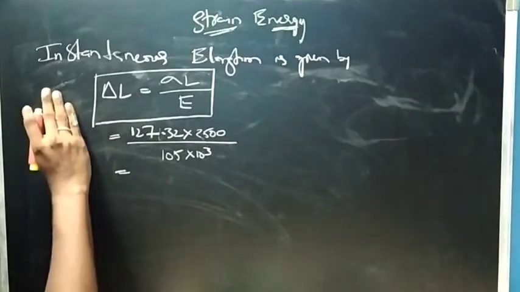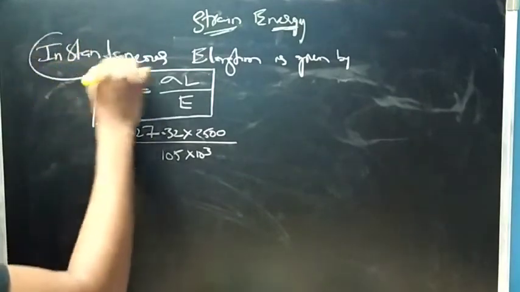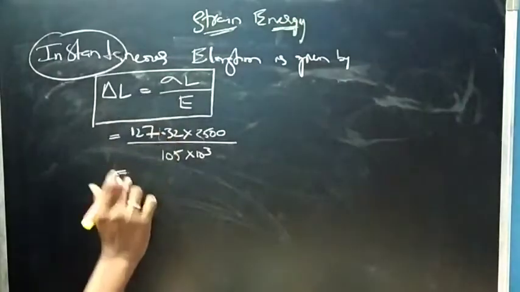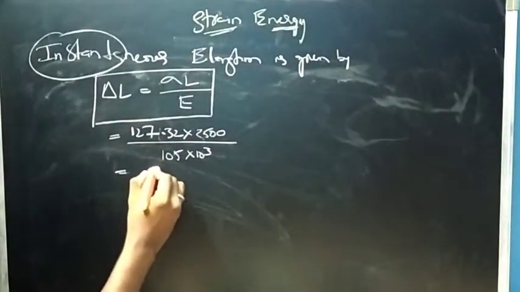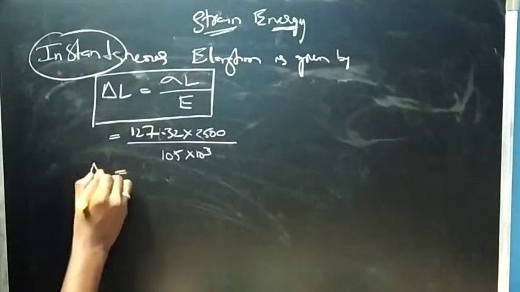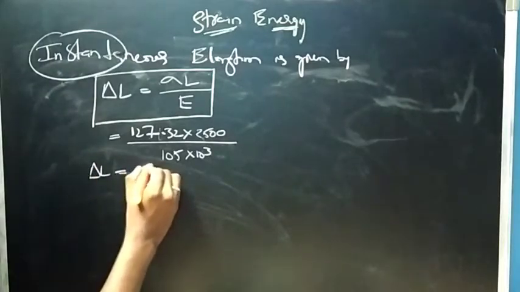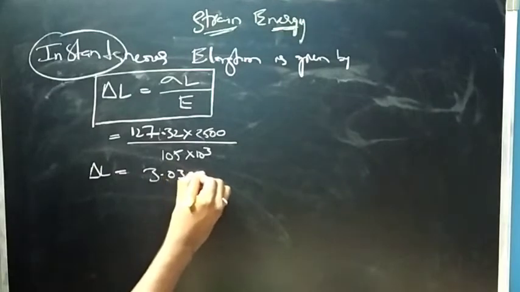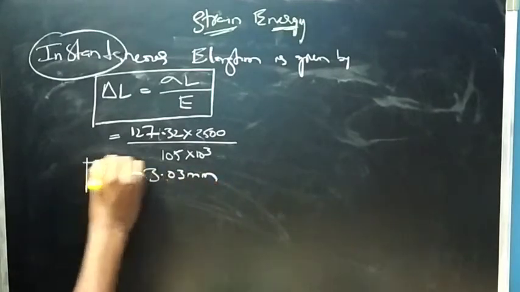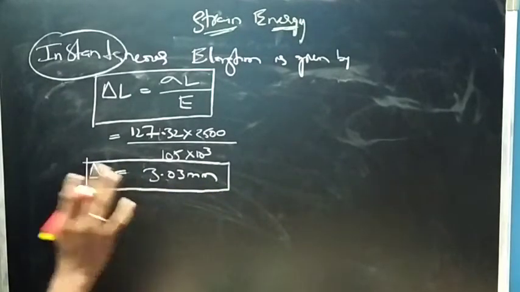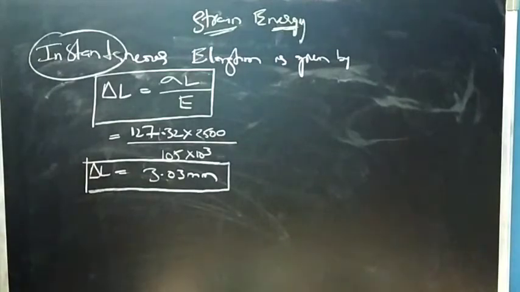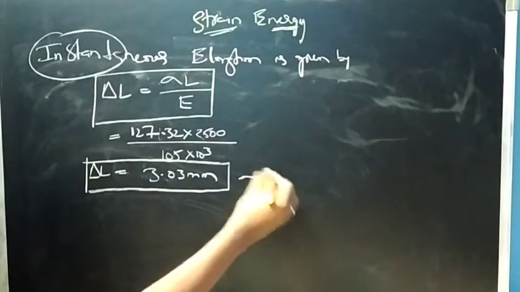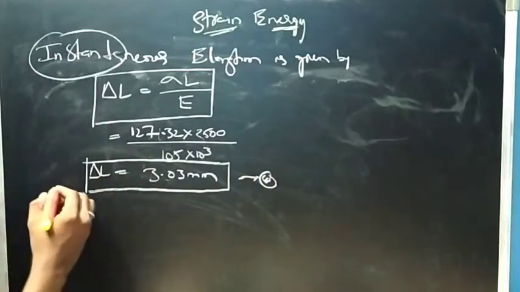This will be your instant elongation after suddenly applied load, that is delta L equals 3.03 mm. So that is the elongation after suddenly applied load.